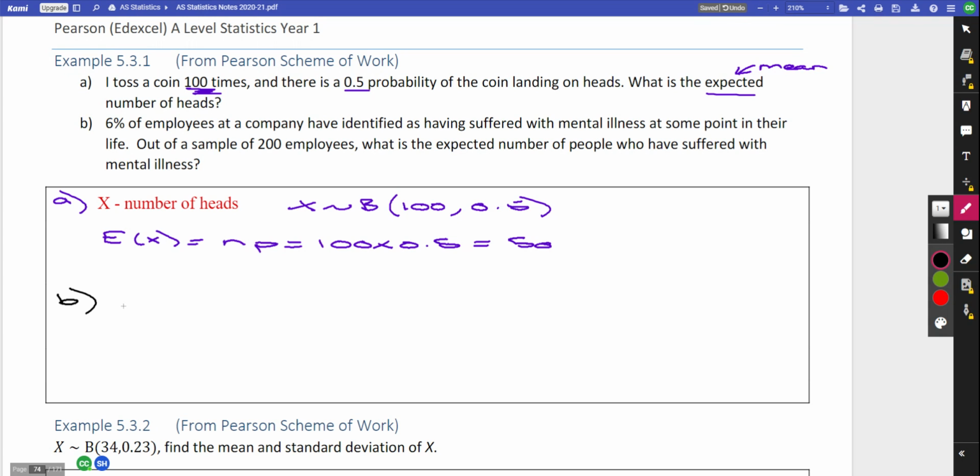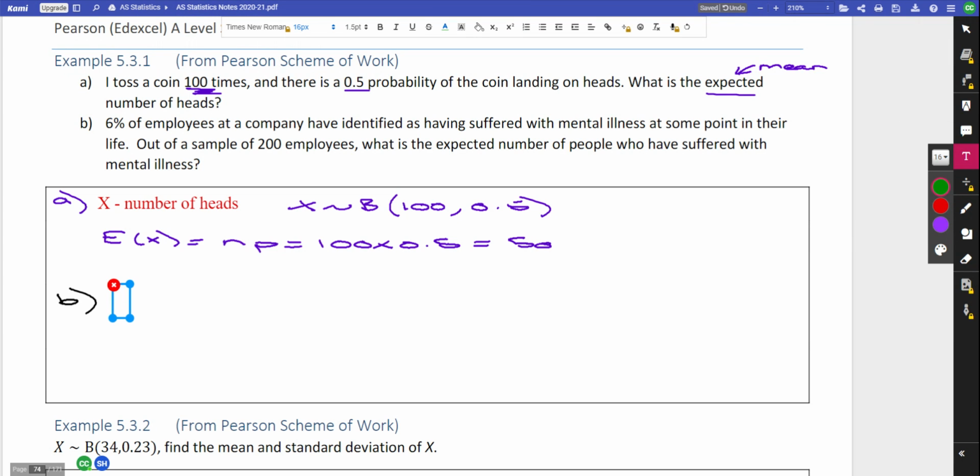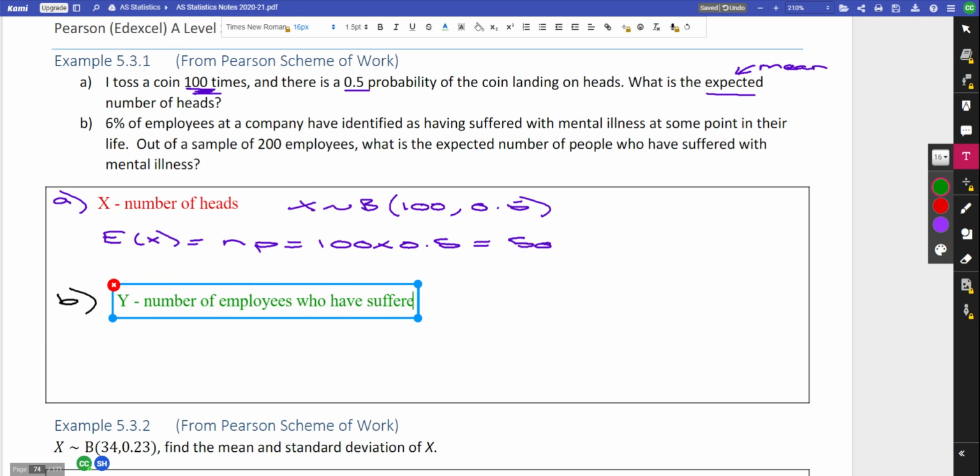So what we're doing here is we're defining, because I've already used x within the question, I'm going to change my variable, so I'm going to use y. If you have used x, just make a note that within one question, you shouldn't be using the same variable once it's been defined for something else. So this is the number of employees who have suffered with mental illness.